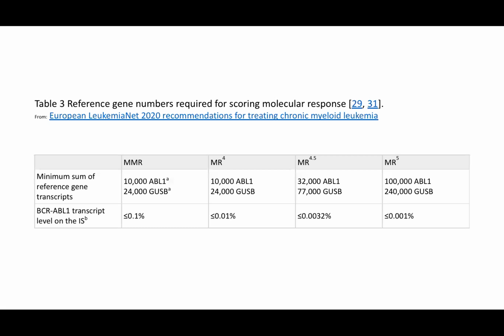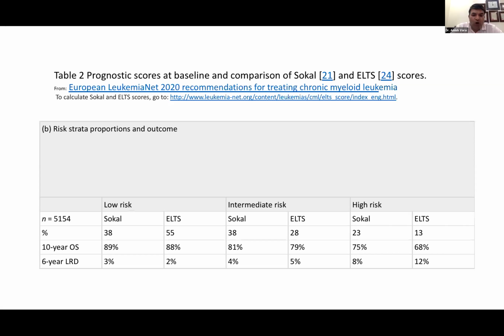That makes it clear. Sir, Amish. Yeah, Amish. Previous table, sir, one of the things when I read ELN 2020, the ELTS picks up more low risk compared to SoCal. In fact, recently I had one patient where on SoCal was intermediate and it is difficult for me to explain.